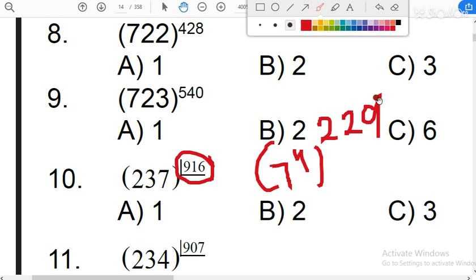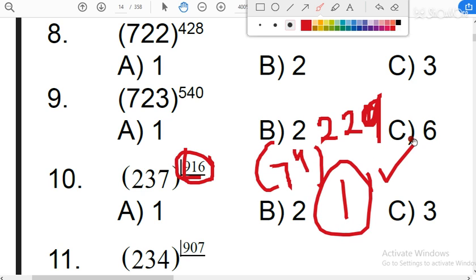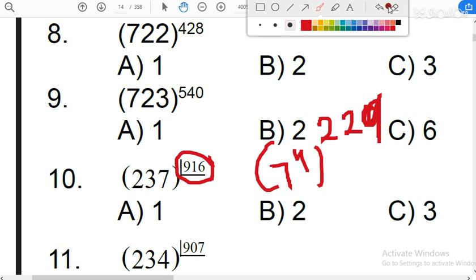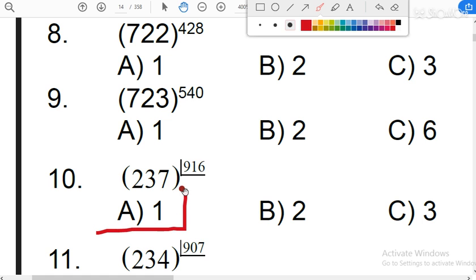So I think this is right. Students, even if factorial is not there, we still get the answer 1. If factorial is there, then we can simply say it's 1. So I hope the answer for this question will be 1.